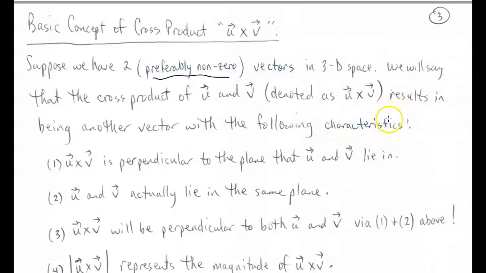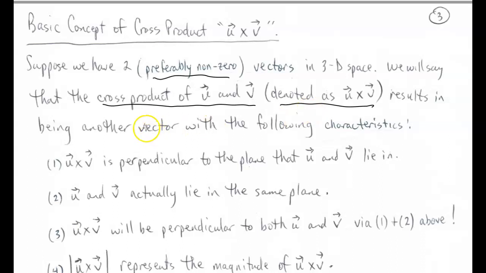Now, we call this a cross product, and we denote it as you've seen here. The way that we'll say it is u cross v. I'm using the vector notation with the arrows on top versus making the letters bold, just because everything's kind of the same color here.